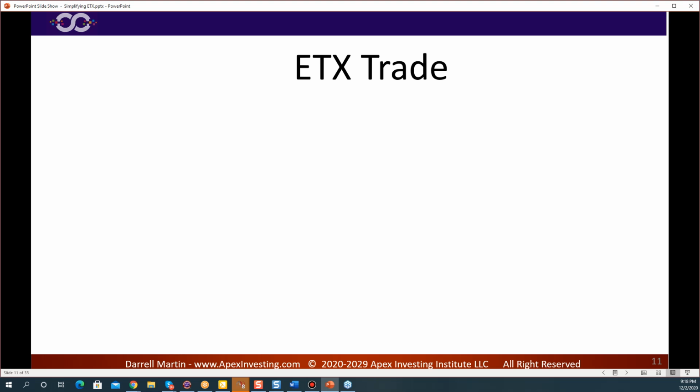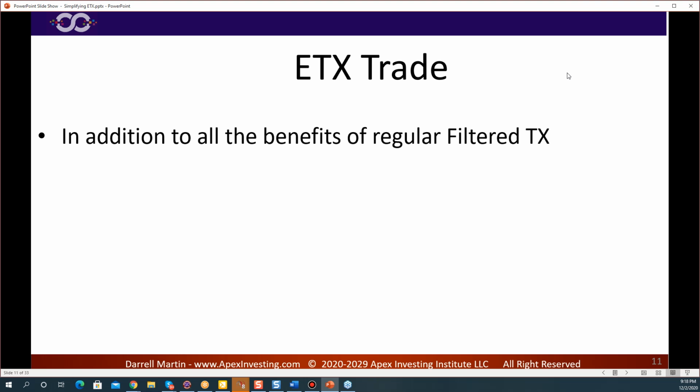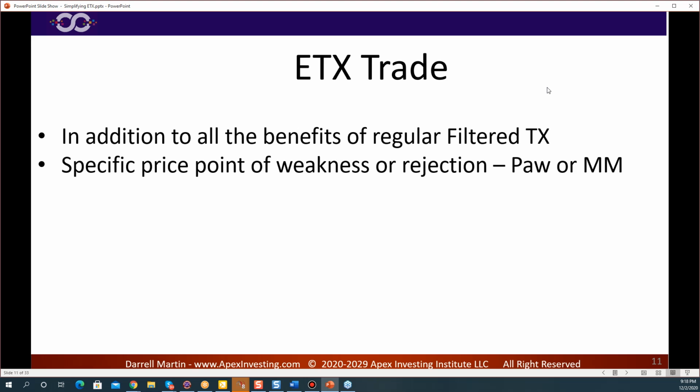So now the next level, what is the ETX? What is the enhanced TX trade? Well, in addition to all those benefits we just talked about of the regular TX and taking advantage of that rejection and exhaustion and weakness in the market, in addition to that, we want there to be a paw or a mini magnet, okay, at the bottom or top of that bar, depending on if it's an up close or down close bar.